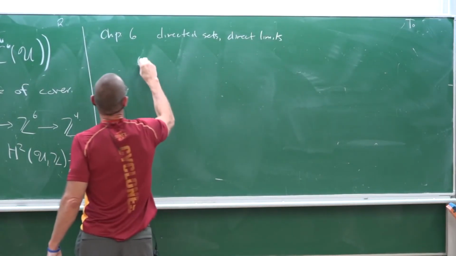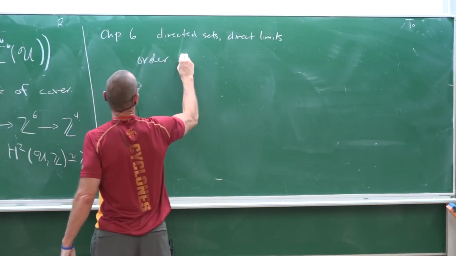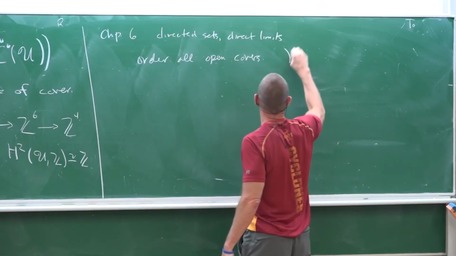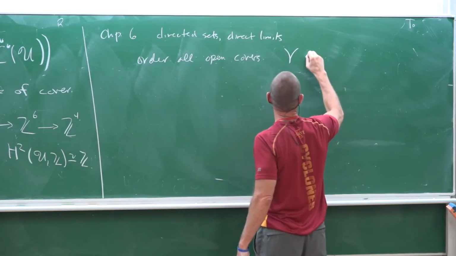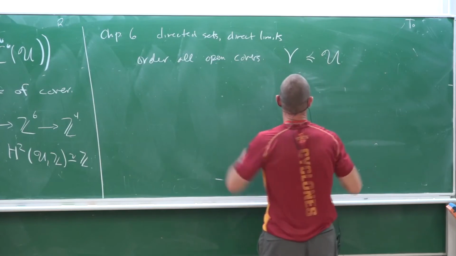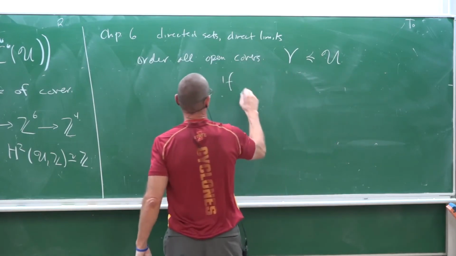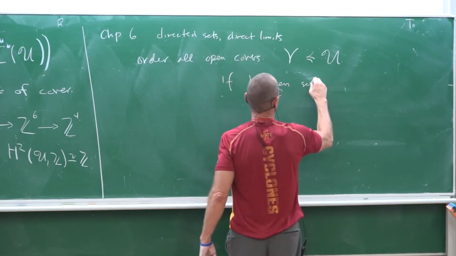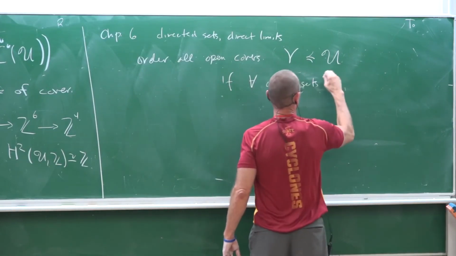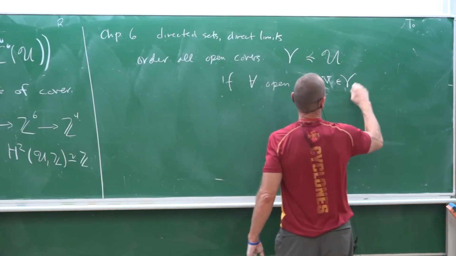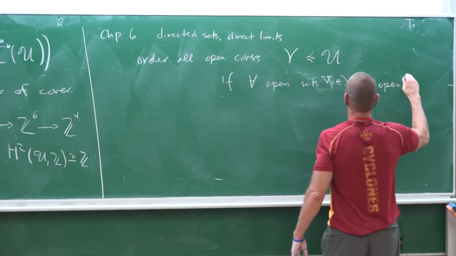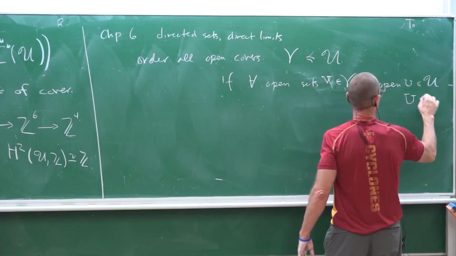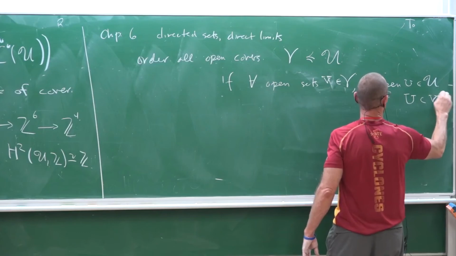So I'm going to now order all open covers. So here's two open covers, V and U. I'll say that V is subordinate to U if for all open sets V in V there exists some open U in U with U contained in V. So this is called a refinement.